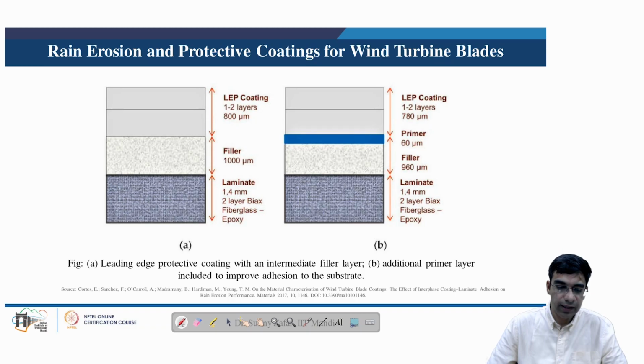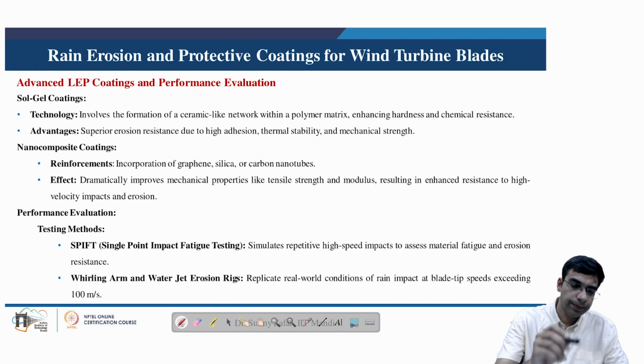Here we can see the various layers applied with the leading edge protective coating, an intermediate filler layer, and sometimes a primer layer may also be added to improve adhesion between different layers and the substrate. The substrate consists of biaxial fiberglass epoxy based composites.